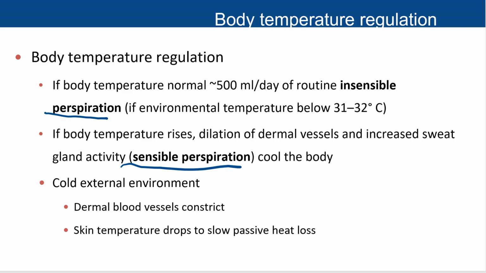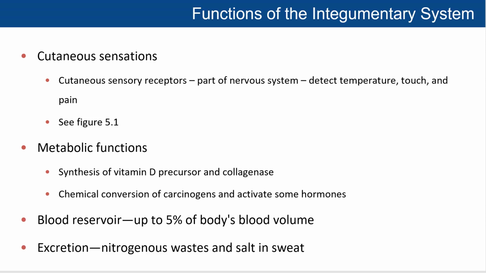Sensible perspiration means that we have sweat, our eccrine sweat glands are activated, and we have a clear secretion produced by eccrine sweat glands. So in this way, we can cool our body. In cold situations, dermal blood vessels constrict, so they can conserve the heat, and skin temperature drops to slow passive heat loss.